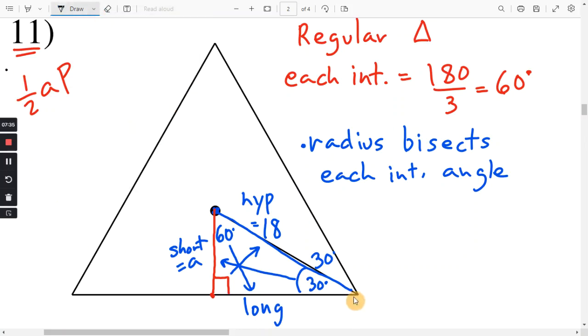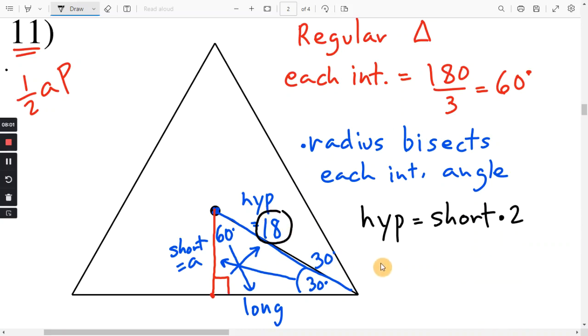All right, so we have two formulas. Hypotenuse equals the short times 2. Remember, you have to use the formula for the side length that's given. We're given the hypotenuse is 18, so that's why I'm using the one with hypotenuse in it.